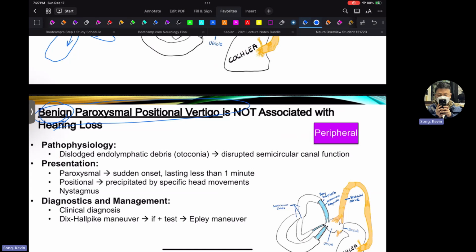So a lot of people have this. Even young people have it. I don't know the percentages because it's benign, not a very serious condition, but it's probably more than half of the population.